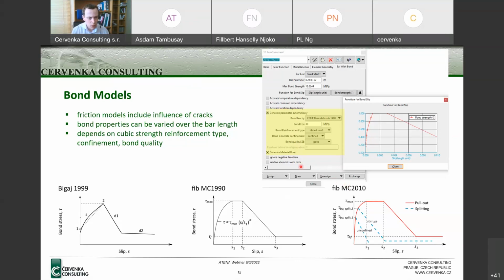I'm not sure now what this is referring to. Where the embedded reinforcement parameter, where this embedding is specified as a parameter in the software. I forgot now.